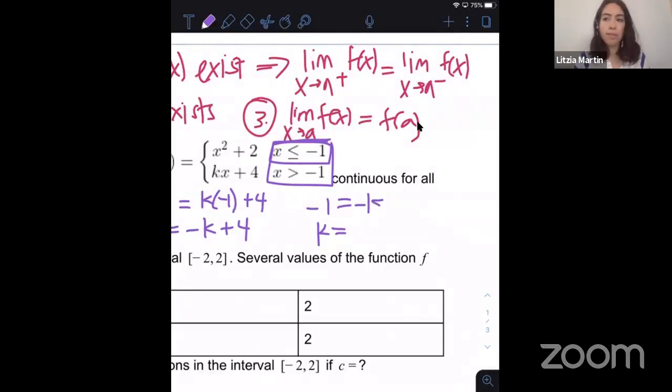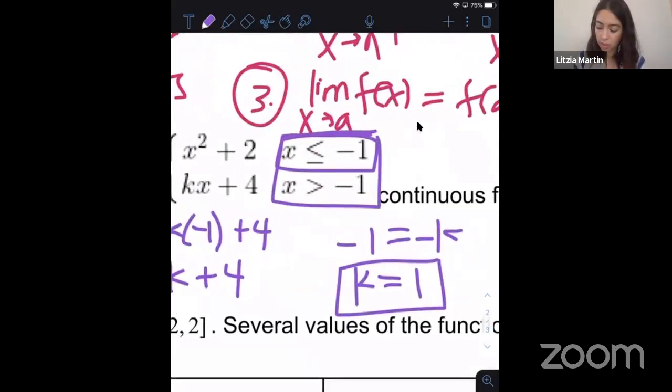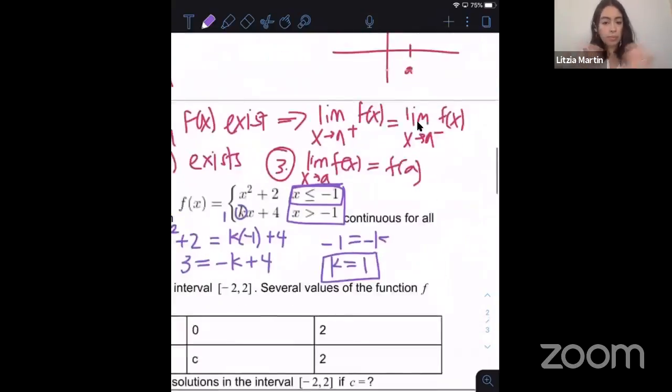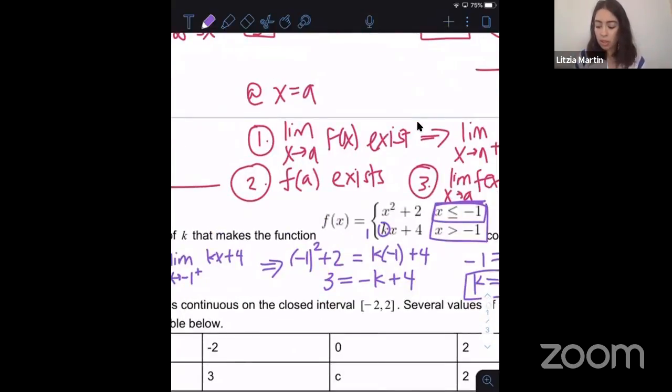So that is the k value that we were looking for. Basically, the function x plus 4 is going to be the function that works to have these two meet here. So that is continuity.